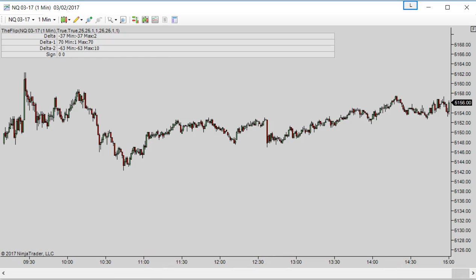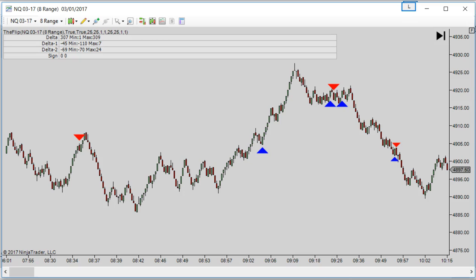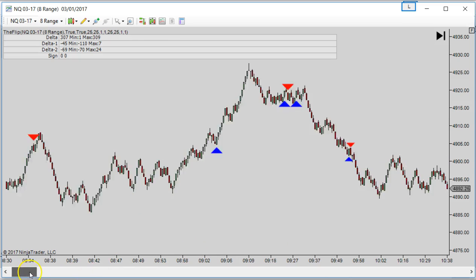All right, so that's the 1 minute chart. We'll take a look at the 8 range real quick. All right, so mini NQ 8 range chart. Again, I'll try and just blow through this, but you can see how it is here. You get into some areas with some congestion, but you get some areas with some nice moves. This one failed, but then comes right back down with a nice trade.